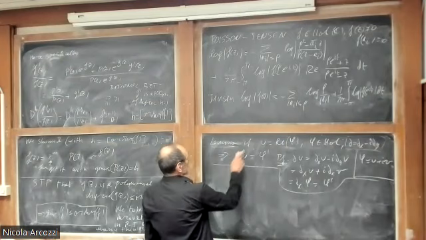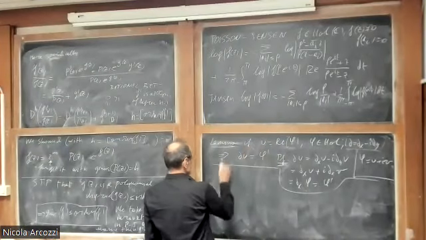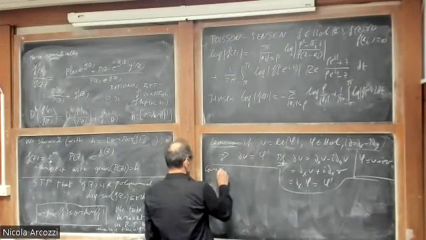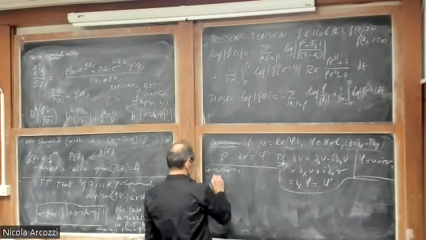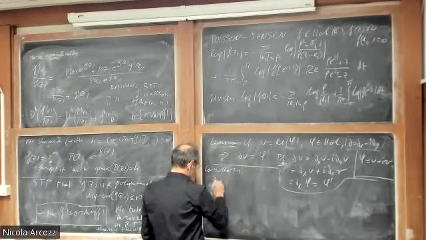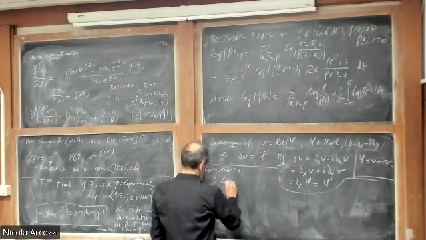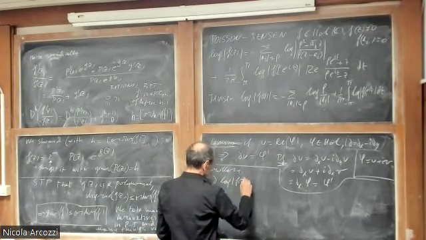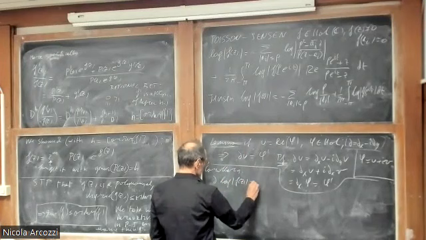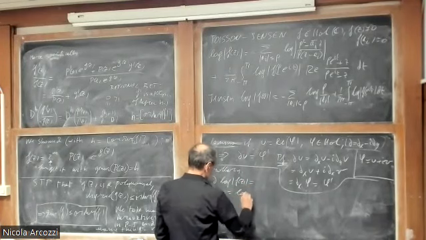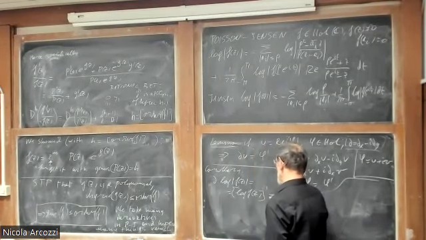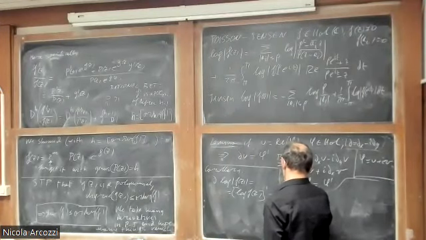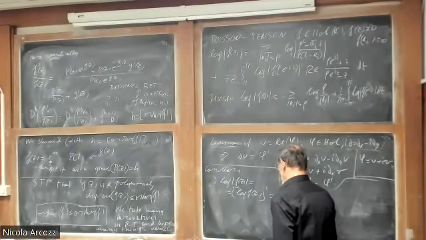So by the way, in particular, when you consider the derivative of the logarithm of f of z, this is like the derivative of any determination of the logarithm of f of z, which is f prime of z over f of z.